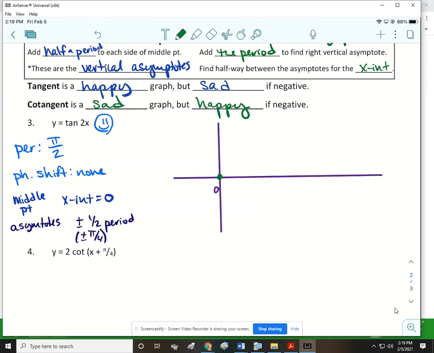And then half a period on each side is where my vertical asymptotes are. That's all I need to draw the tangent graph. So now I draw a happy graph that starts low and ends up high.